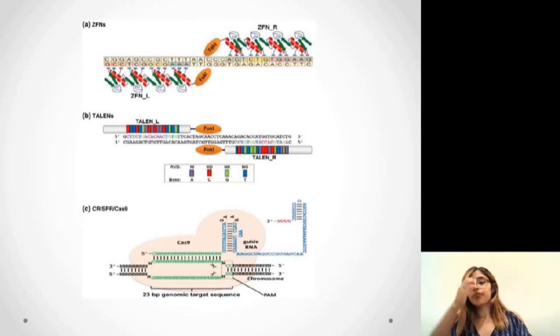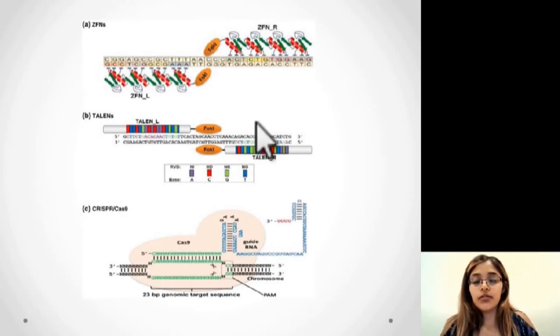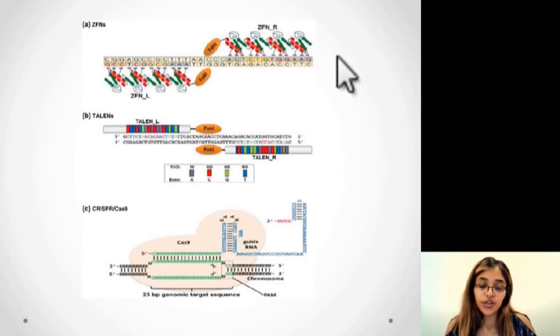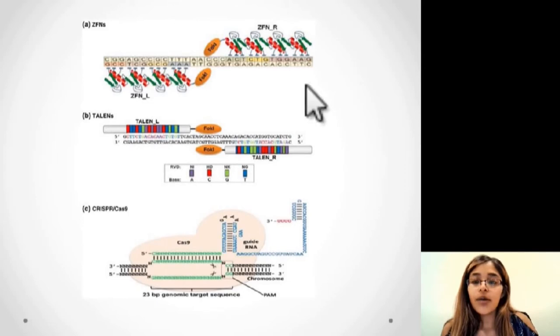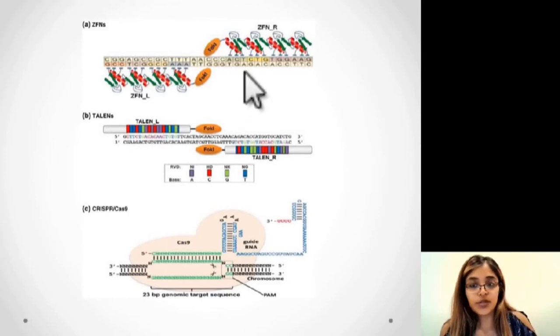So if we look at letter A, here we can find a zinc finger nuclease repeats, and usually the binding domain, which is this, can be composed of 3 to 6 zinc finger repeats, and each repeat can bind to 3 base pairs.